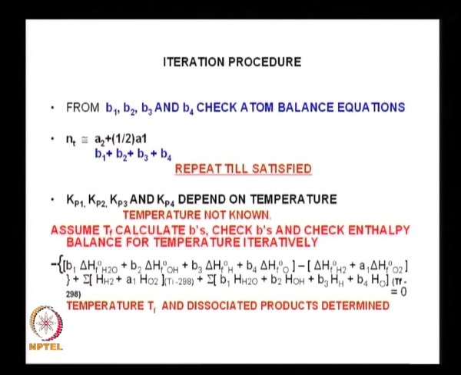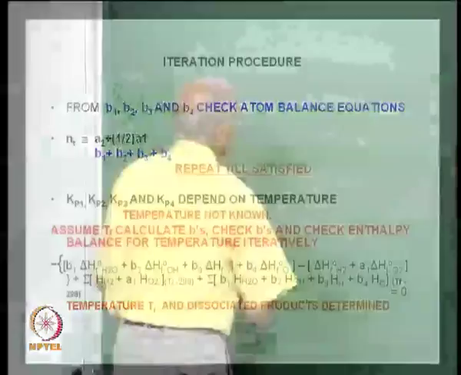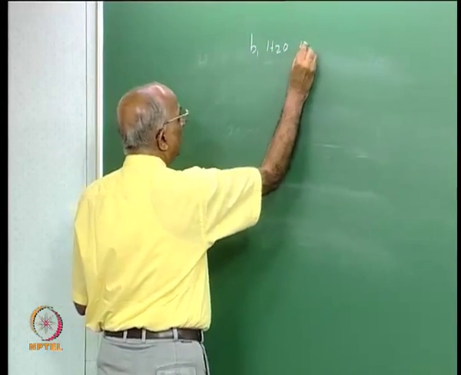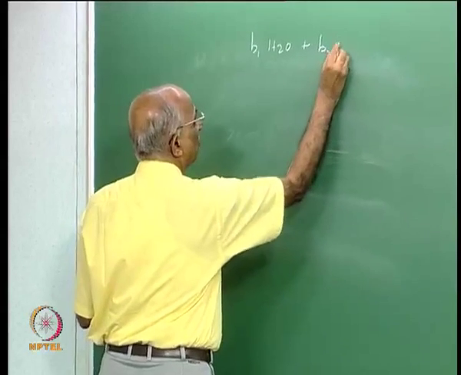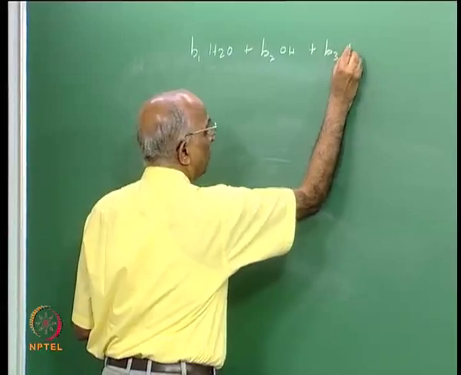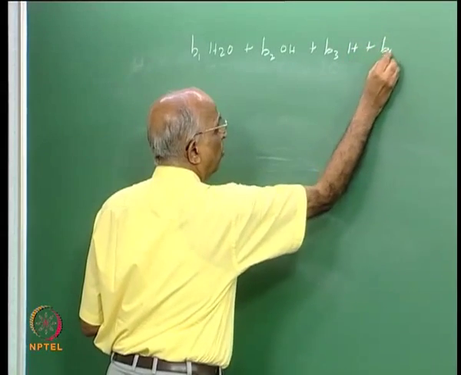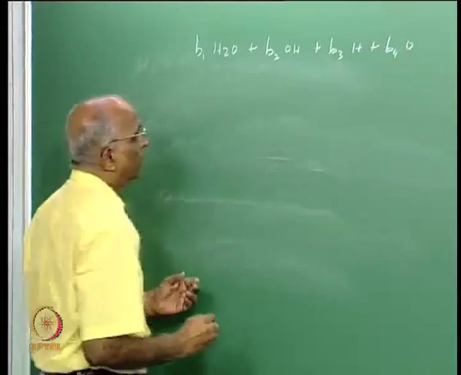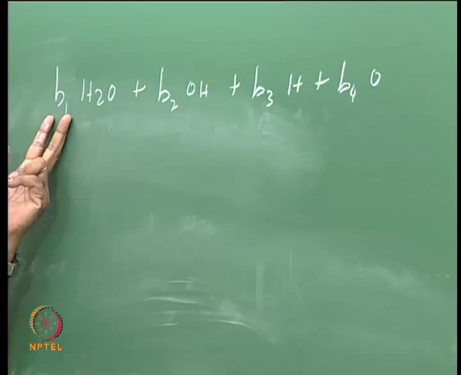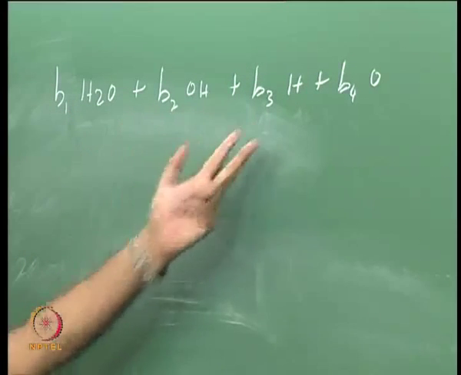In other words, what is it we have done, or what is it we need to understand in this? We need to know B1 of H2O, B2 how much of OH, how much of H and how many moles of O there are. To do that, we assume the total number of moles to be stoichiometric, and then we determine B1, B2, B3, B4.